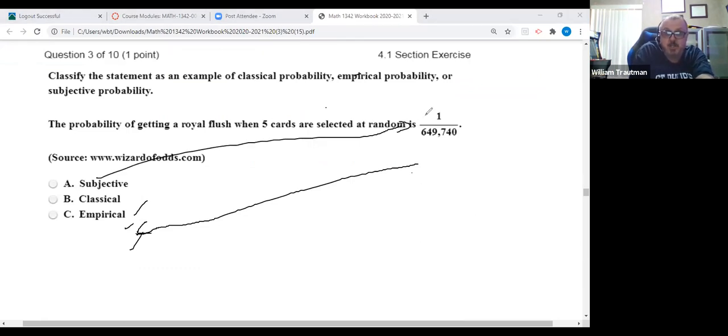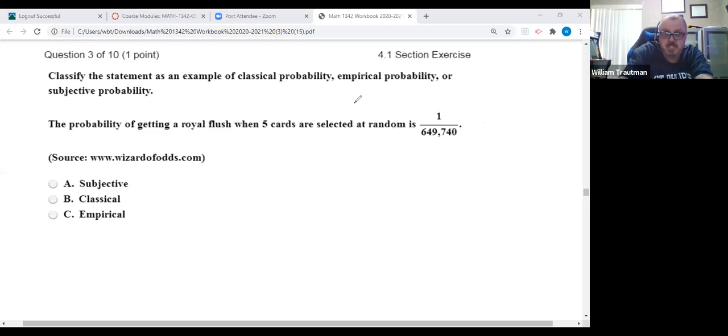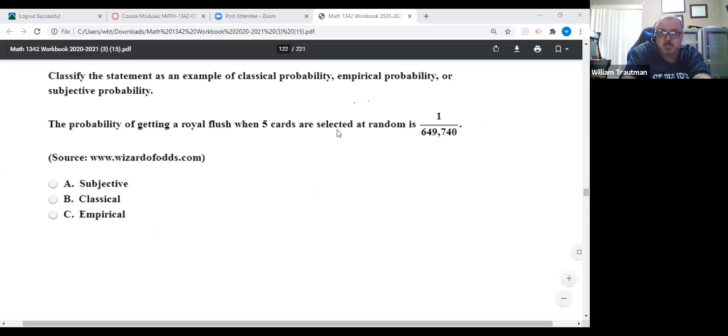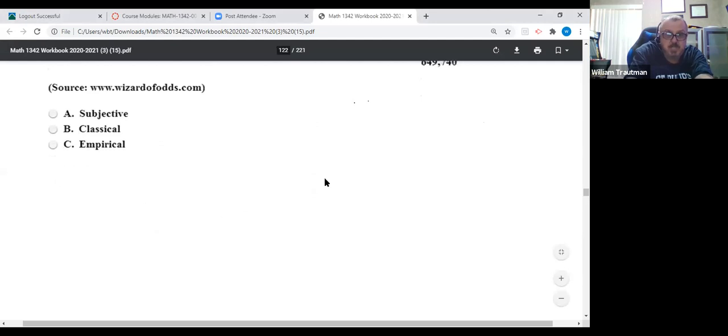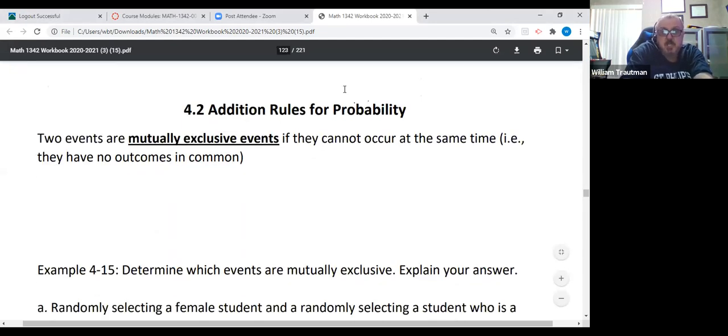That's definitely a hard number. There's no guessing there. You can get one royal flush out of 649,000 different hands. So they don't tell you how to do that, but they want you to understand that's not subjective. Is it classical or empirical? I want you to look at those and write down what each is and an example of each.